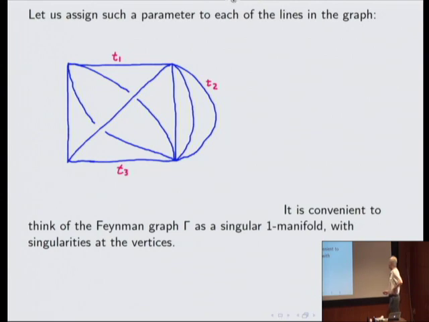Now, it's convenient to think of the Feynman graph gamma, which is what I've drawn here, as a 1 manifold. The lines in the Feynman diagram are nice, smooth 1 manifolds. The graph as a whole is not a smooth 1 manifold because there are vertices, where interactions happen and different lines meet.